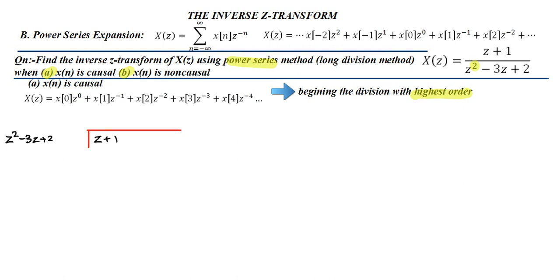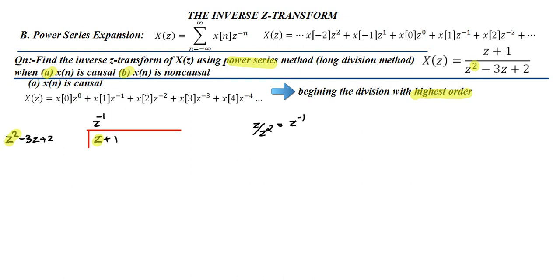Dividing the first term, z by z square becomes z raised to minus 1. So the first term will be z raised to minus 1.